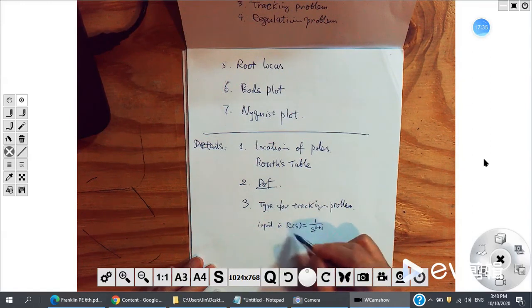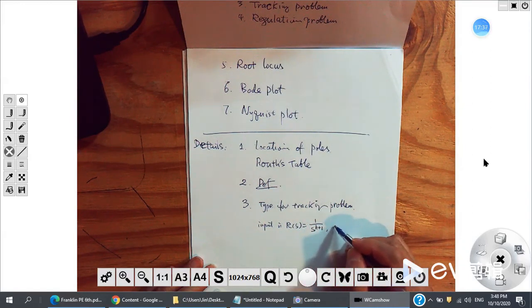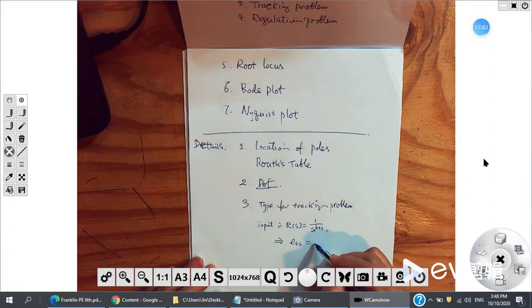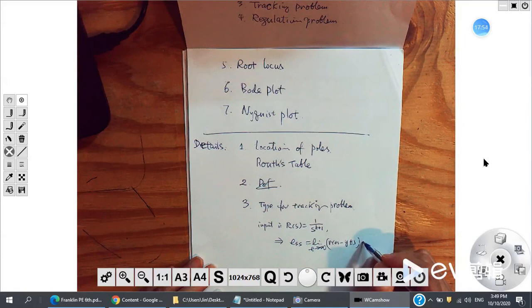Suppose the input in the S domain is this one. Then you can have e_ss, which is the limit as t goes to infinity of r(t) minus y(t). You can calculate this in the S domain, and you can get a value.